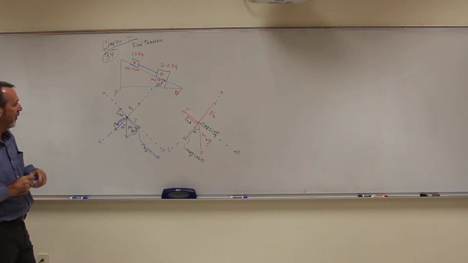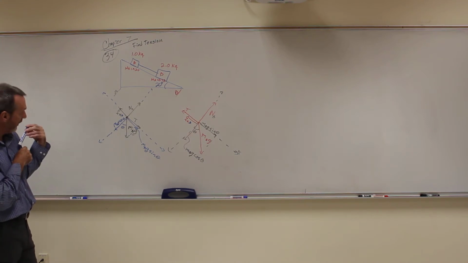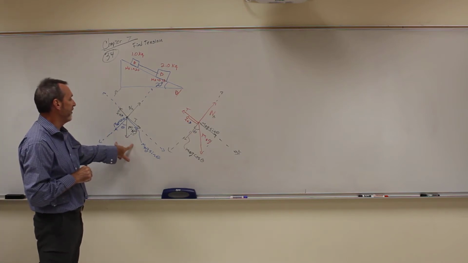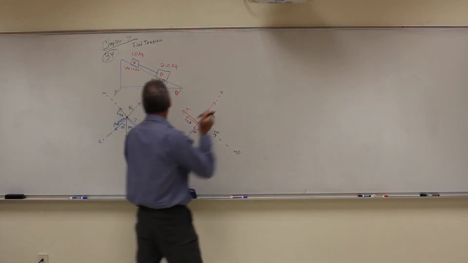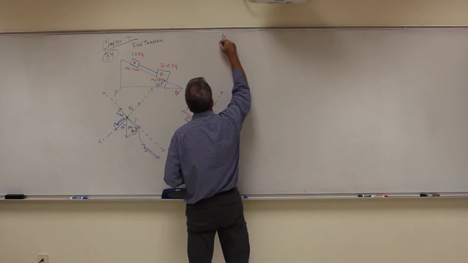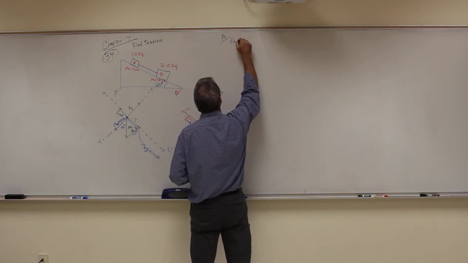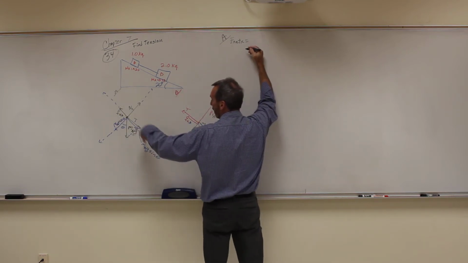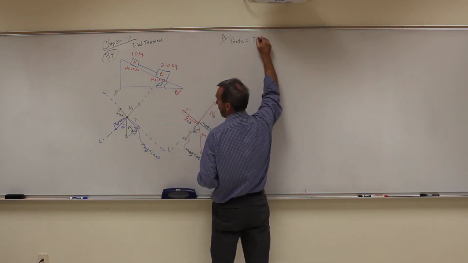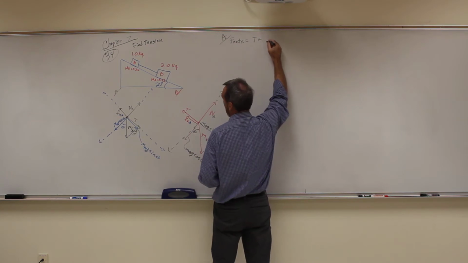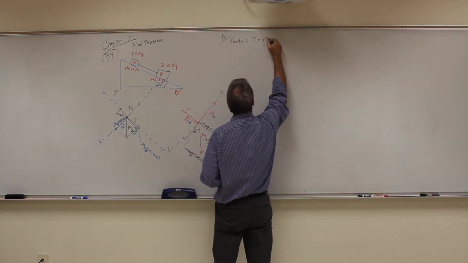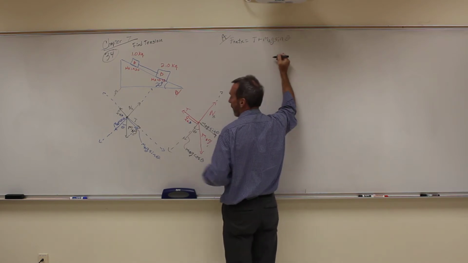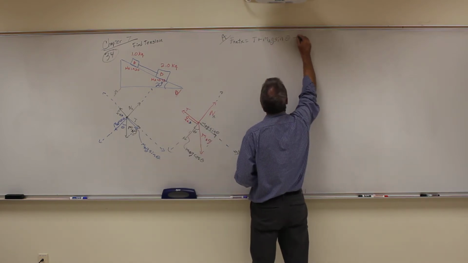Okay, so here we go. What we need to do is find the tension, so we have to start solving this. We're going to use F net x for block A. F net x is equal to, and positive is this way, so we have T plus MAG sine theta minus the friction force.